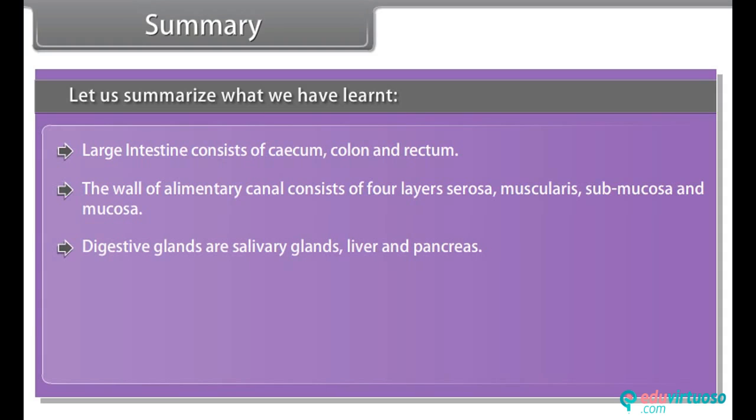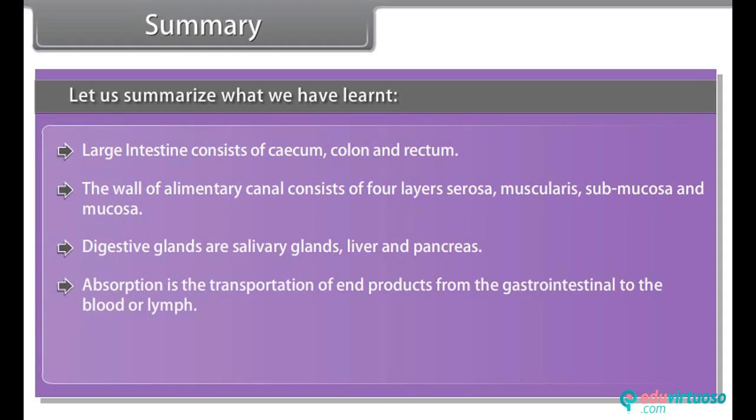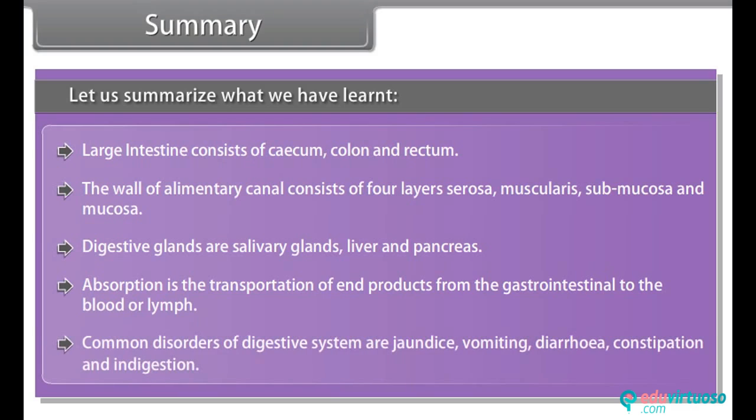Digestive glands are salivary glands, liver, and pancreas. Absorption is the transportation of end products from the gastrointestinal tract to the blood or lymph. Common disorders of the digestive system are jaundice, vomiting, diarrhea, constipation, and indigestion.